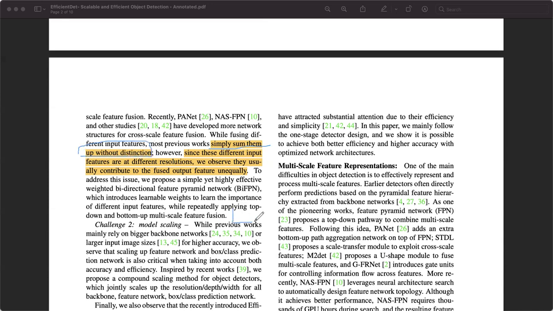So we have different scales of features. Let's say it's feature 1 and feature 2, and the size of the box here represents scale. One of the easiest ways would be just some fusion. If they're in different dimensions, for instance for F1, we can scale it to the same dimension as the largest one.